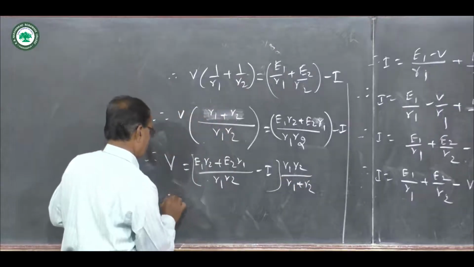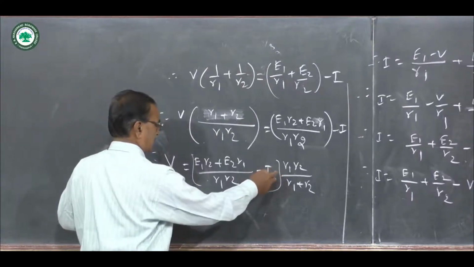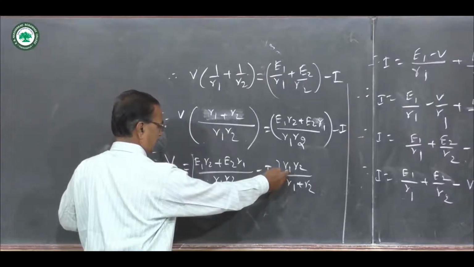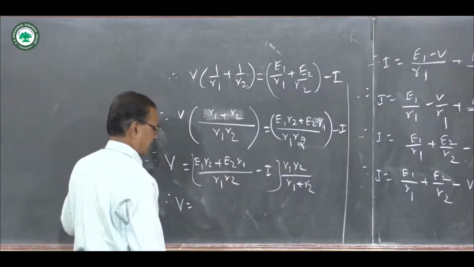So the same terms will get cancelled out here, that is multiply R1 R2 upon R1 plus R2, two terms in the brackets.